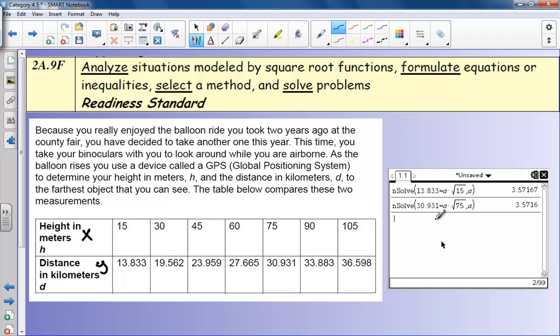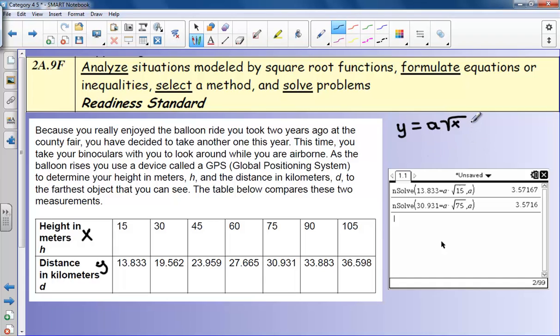And so I've done some calculations over here already. So if I'm trying to write an equation, then I'm using y is equal to a times the square root of x minus h plus k. And we know that if you're getting on a balloon ride, you start at 0 meters and you start at 0 kilometers.